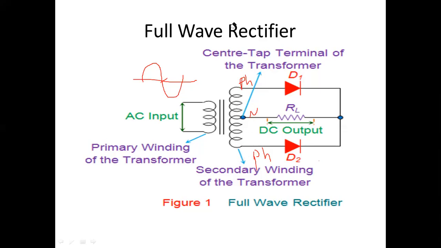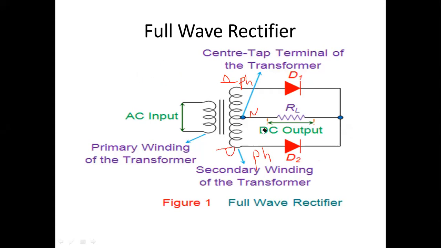For the positive half cycle, here only I will draw one diagram. This is the positive half cycle. For the negative half cycle, this one. Okay. For the negative half cycle.